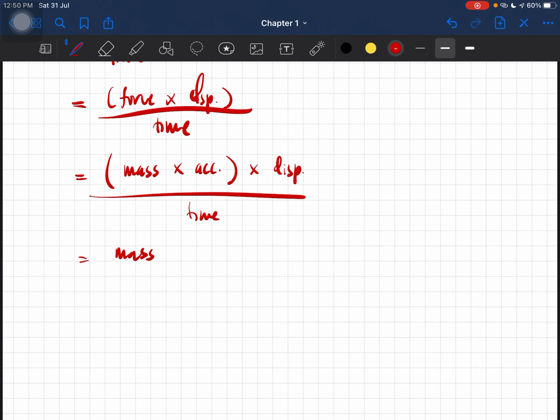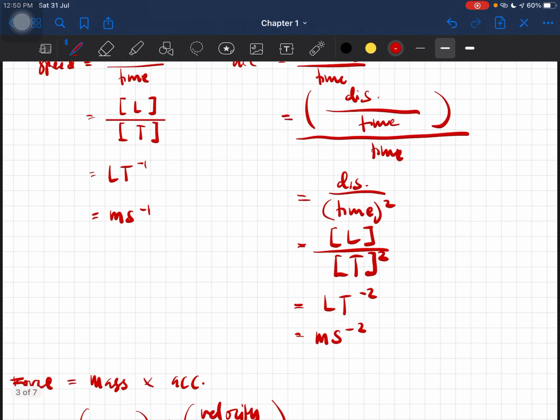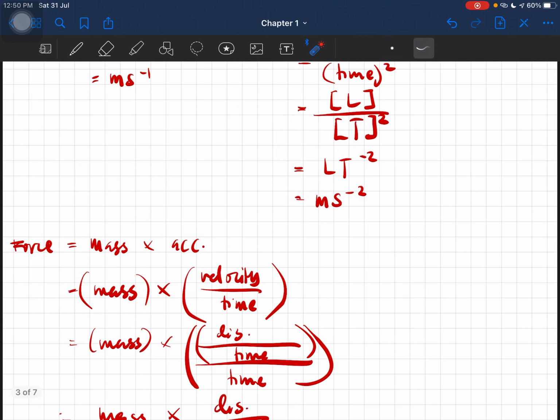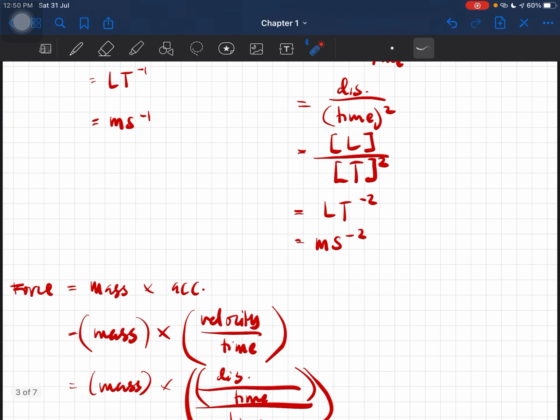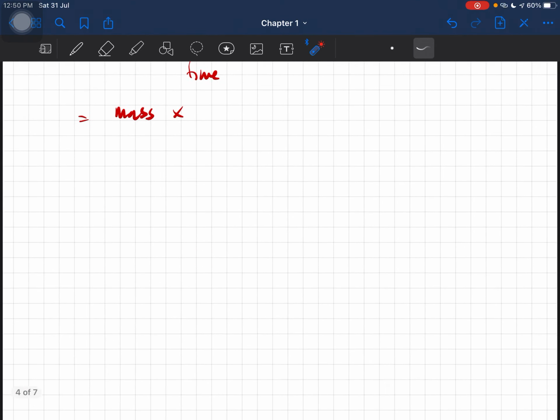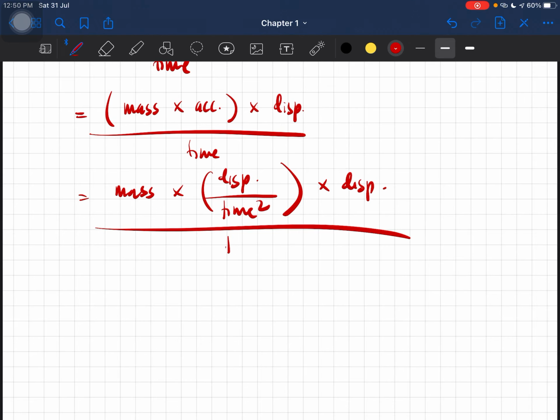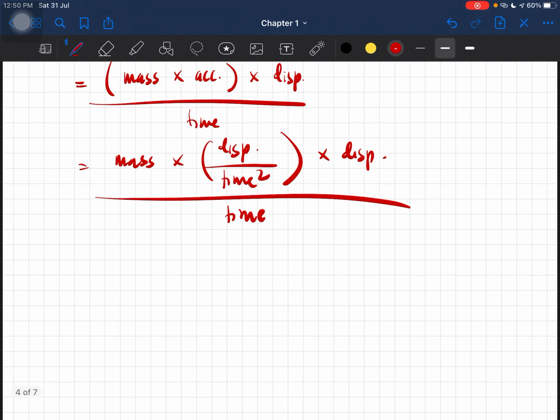So mass times acceleration. I'll just skip how you get the acceleration because we've done that twice. So I'm just going to write this one, okay? So we have mass times acceleration, which is displacement over time squared, times displacement over the time. Okay, alright.